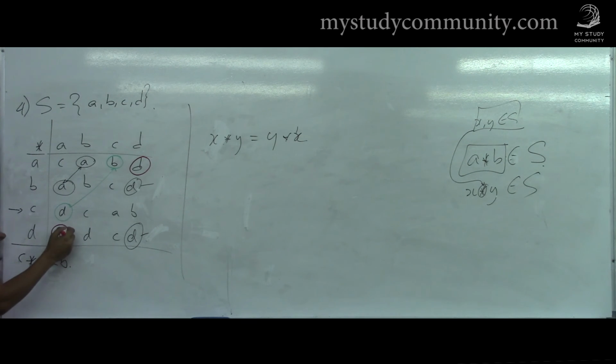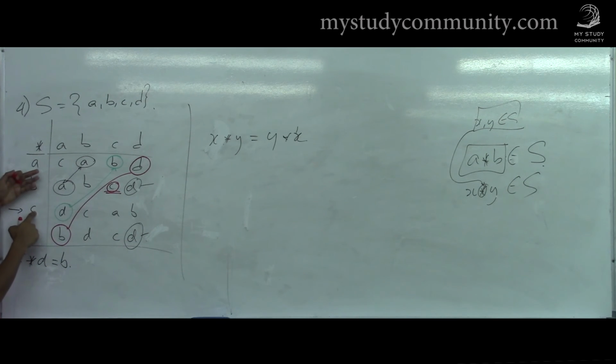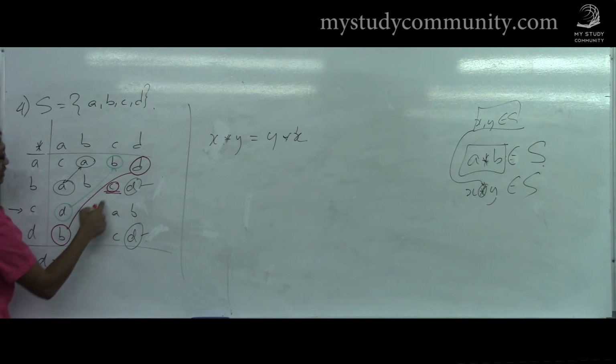So if it were commutative, then I would have wanted to show that this here is this element, yes? Are we going down now? So B star A is here. So B star C now. B star C is this element. And C star B is this element. So I want to have shown that these two are equal, right?